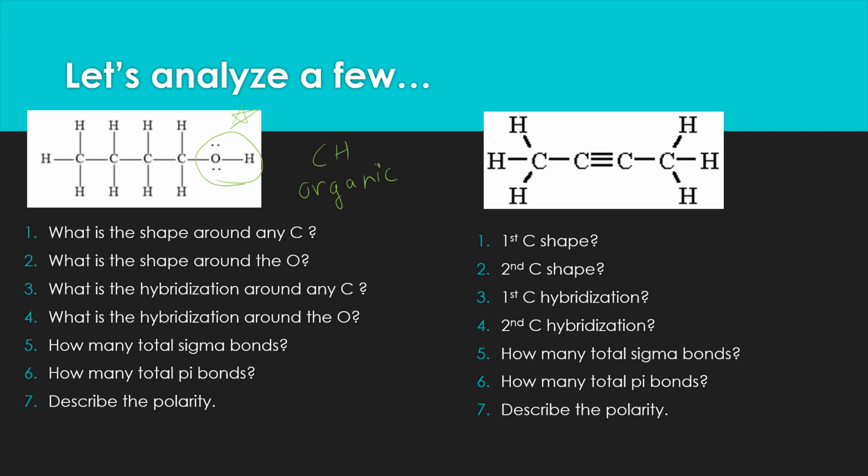Organic chemistry is an entire year of chemistry I took after the class you guys were taking. But we can analyze some basic things about these, even without doing full organic chemistry. Something I will say, this OH piece on the end also makes it an alcohol. You might recognize OH as hydroxide. Well, hydroxide is what we call it when it's in an ionic compound.